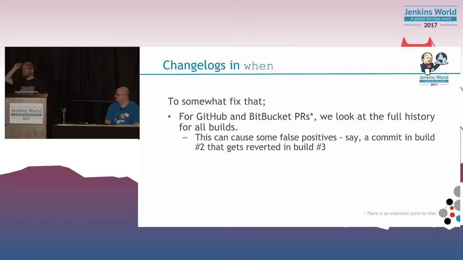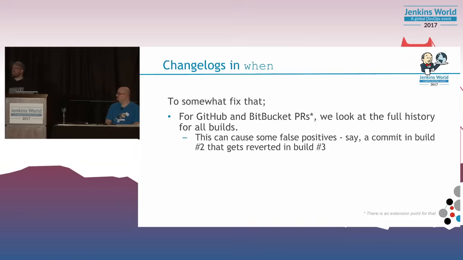When we're giving you the changelog for the second or third or fourth build of a pull request, we're actually going to give you the full changelog for the entire history of the pull request, because generally you care about what's happened throughout the history of the pull request for conditionality like that, not just, hey, this changed one line in one file because it was actually fixing a typo kind of thing.